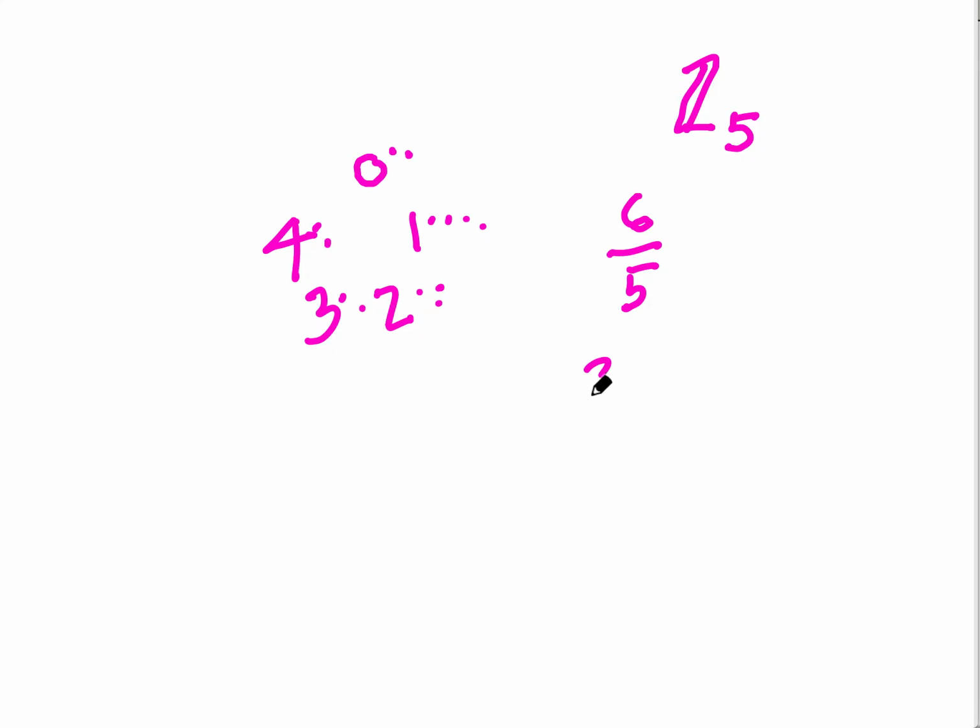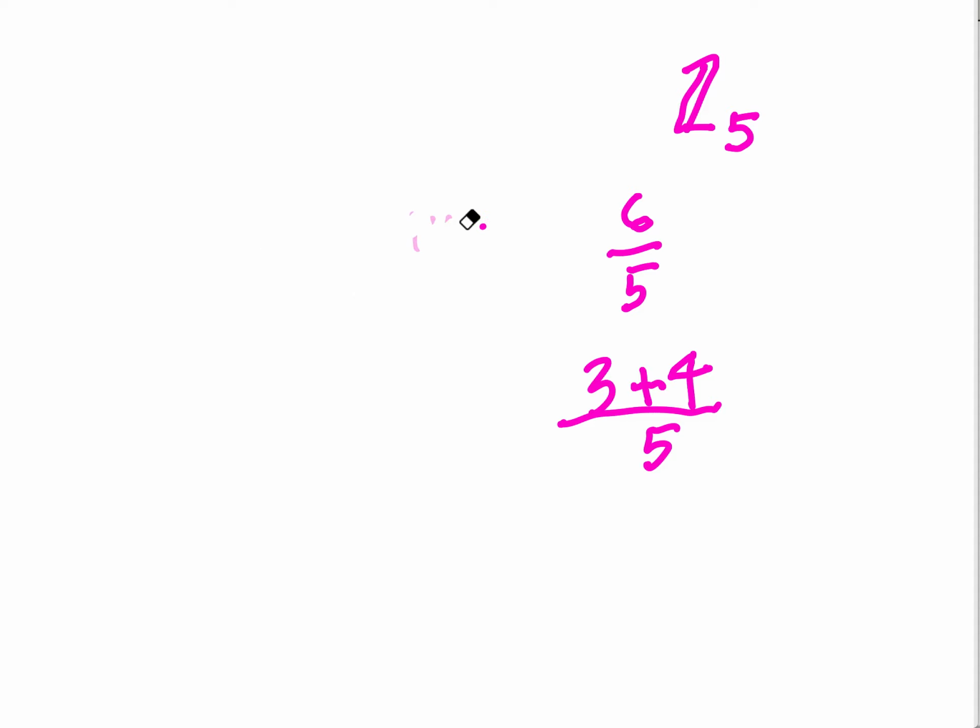So I have 3 plus 4, and I divide by 5, and the remainder is going to be 2. So that's how clock arithmetic works. You find it all throughout mathematics and computing. We're going to see an example of it near the end of this lecture.